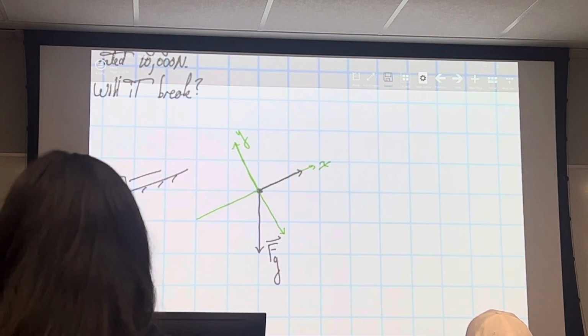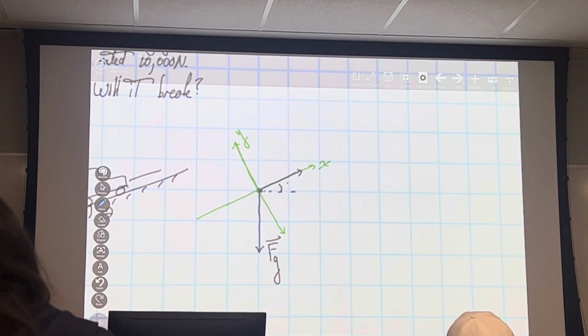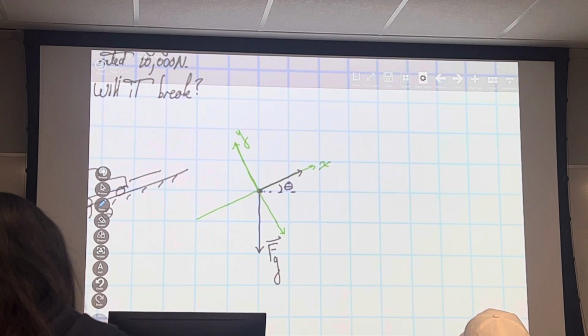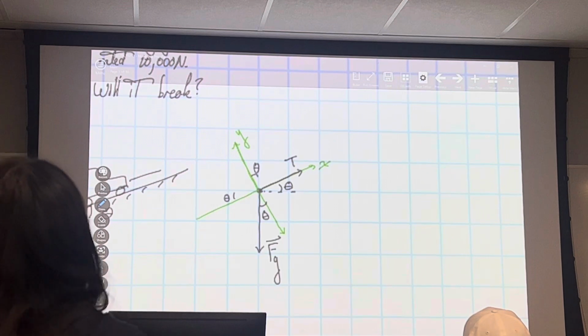It is absolutely not arbitrary, it is directly along this line. Now, when you do this, you would have to specify that angle as theta. Likewise, this is theta, that is theta, and that is also theta. Alright, so this is tension.